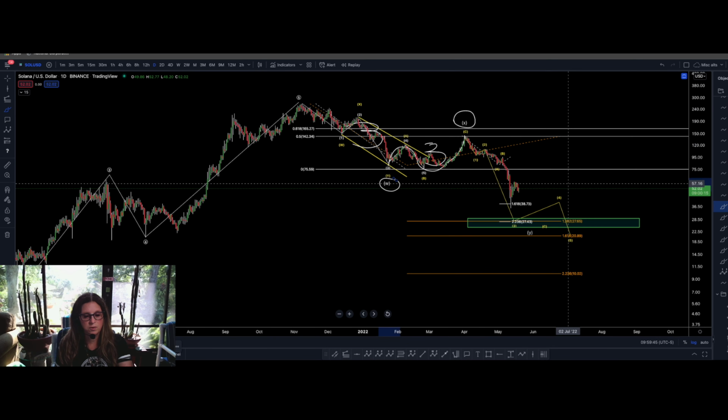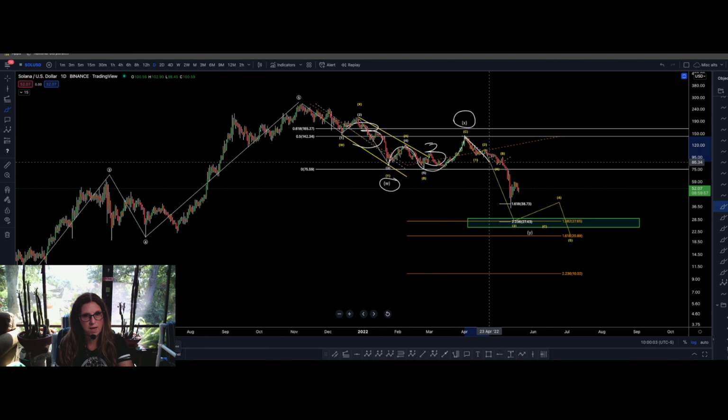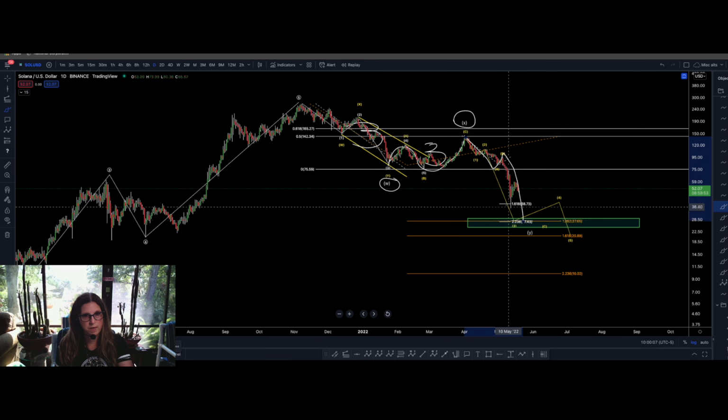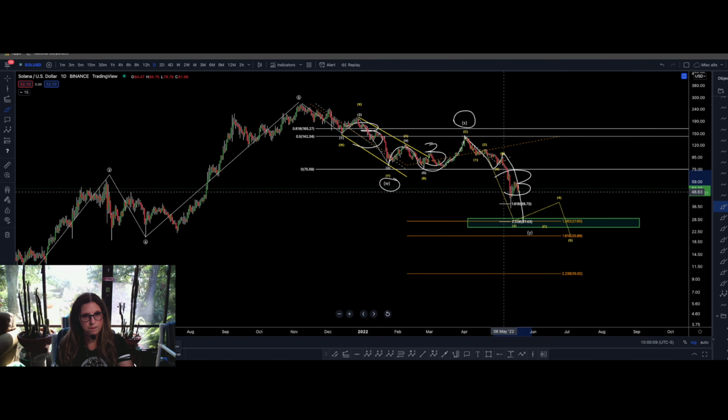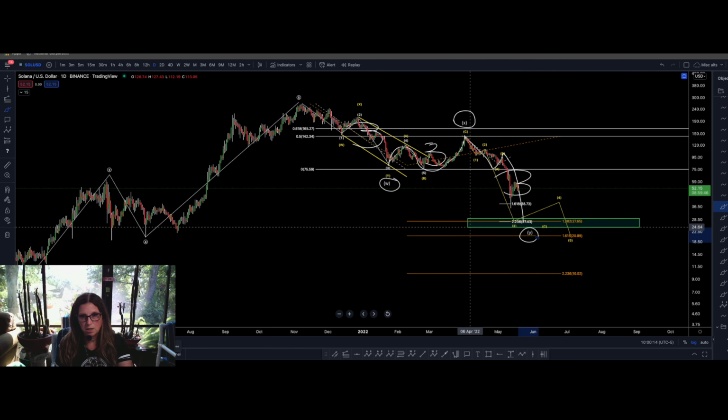Here's the problem, and this is where it comes in. If we're going to say that this is a W and an X, hitting the 0.5 is completely fine. But we need to say that this is A, B, C to make this 3 for a Y, and we absolutely cannot break this area.